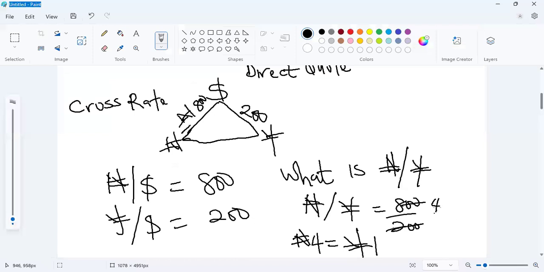Two theories of exchange rate determination.